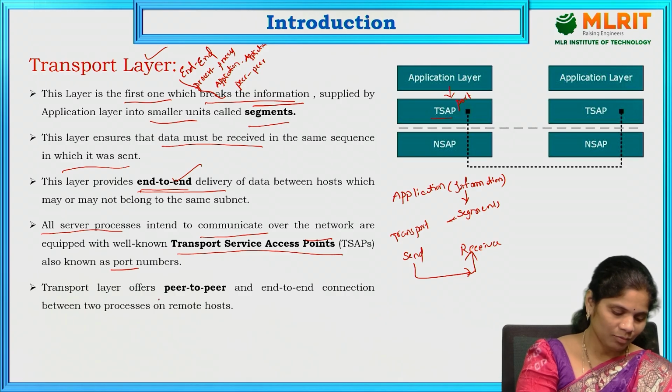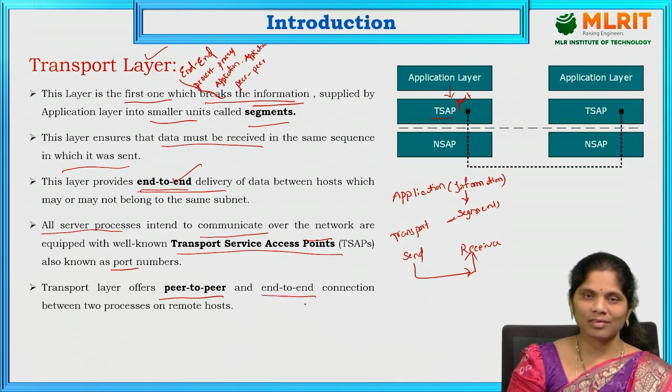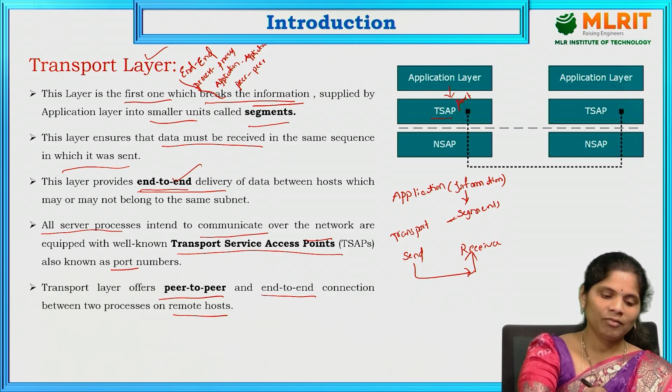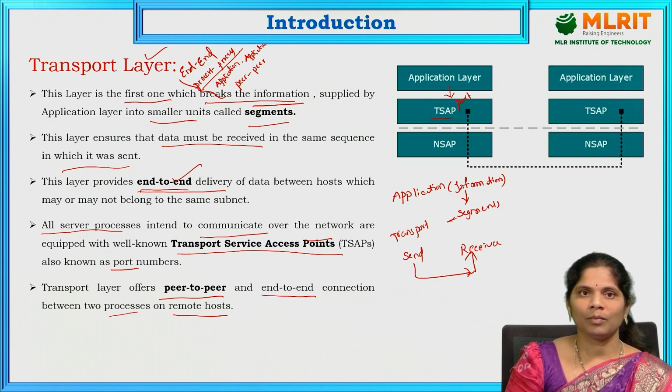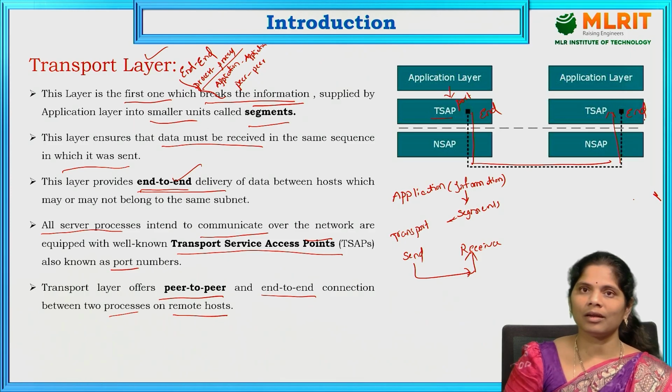This mainly offers peer-to-peer, end-to-end communication between processes on remote hosts. As I already said, between processes is also called process-to-process delivery. Between one application and another application, we go from the transport layer to the receiver's transport end. From this end I send the data to the receiver end, sending and receiving the data.